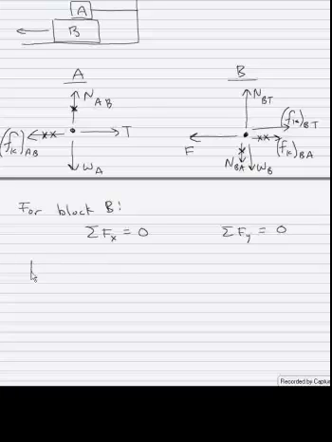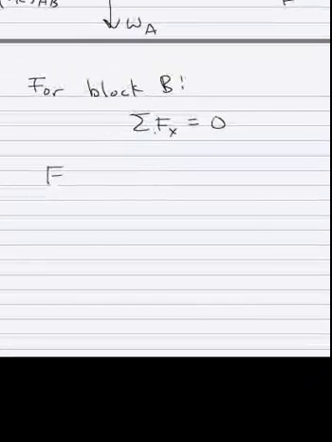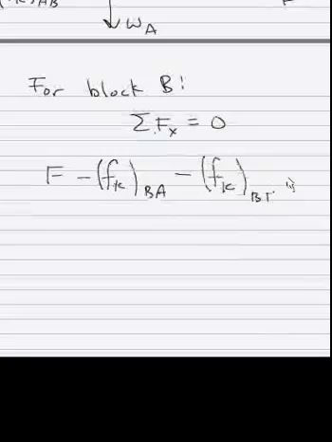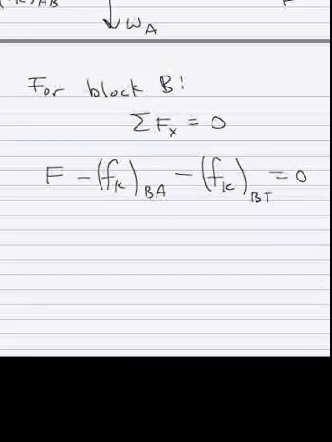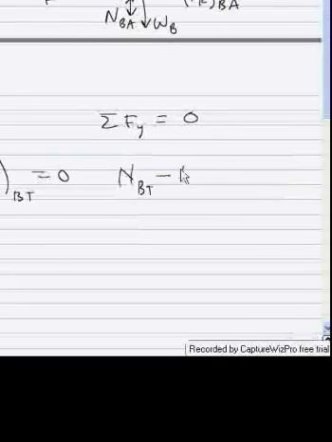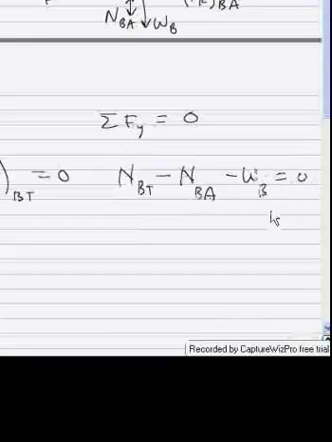And so I have F, that's my only positive force, and then the two friction forces are going to be in the negative direction. And my y direction tells me that the normal force on B from the table minus the normal force on B from A minus the weight of B has to be 0.